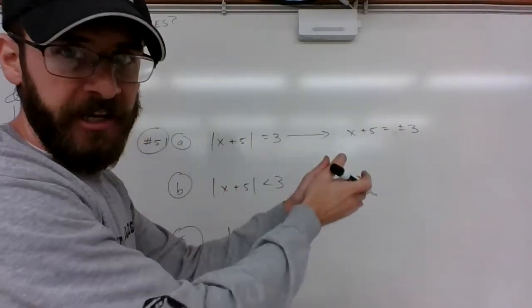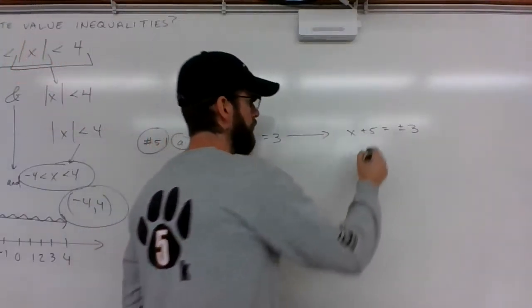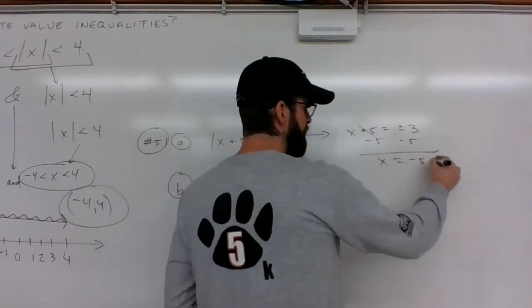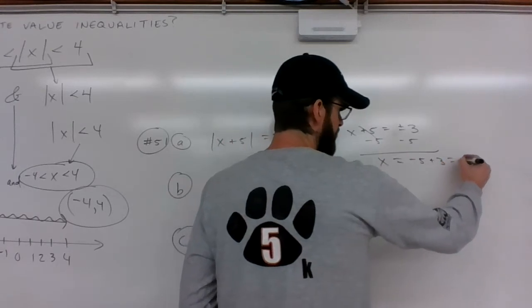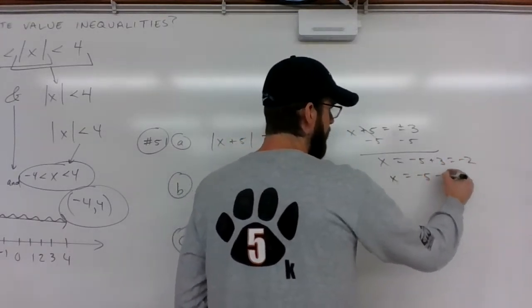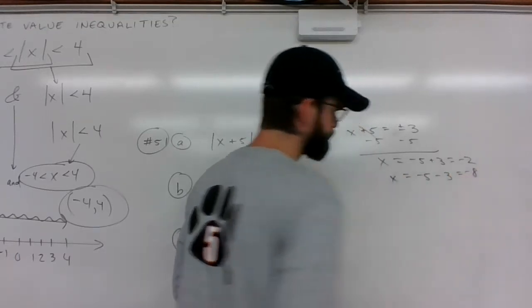X plus 5 equals 3, x plus 5 equals negative 3. Then if I subtract 5 from both sides, I get x equals negative 5 plus 3, which is negative 2. And I get x equals negative 5 minus 3, which equals negative 8.